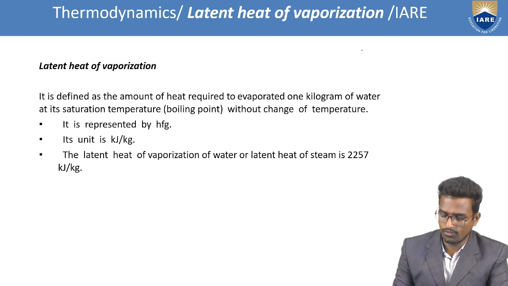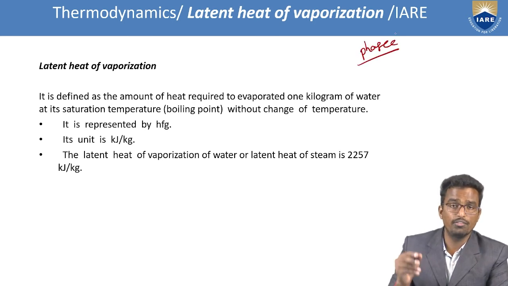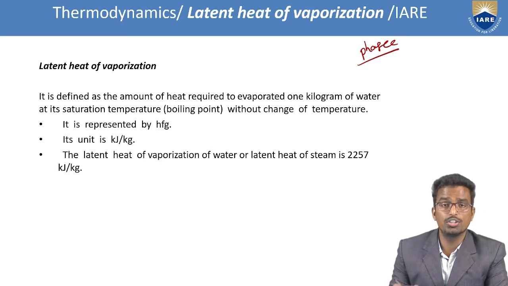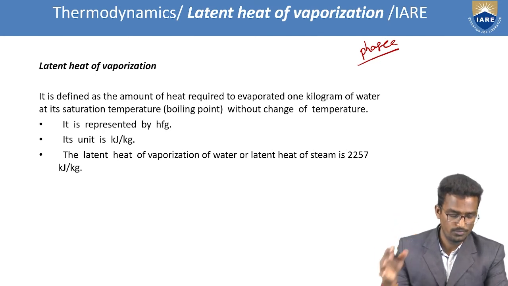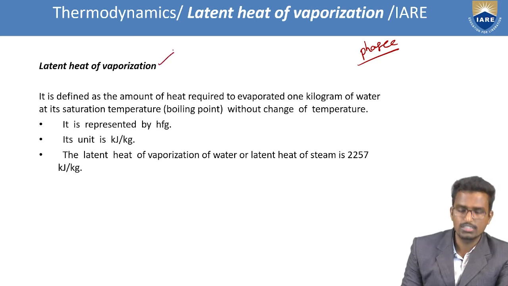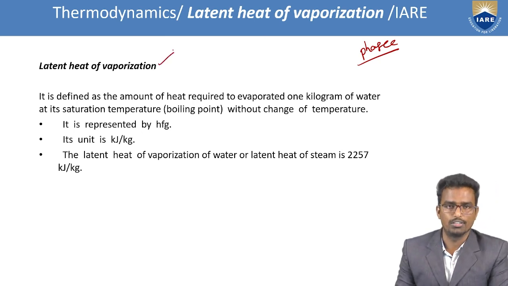We discussed yesterday what phase means: the physical presence of the system, whether it is in a vapor or gaseous state, a liquid state, or a solid state. So latent heat is discussed in terms of the change of phases.